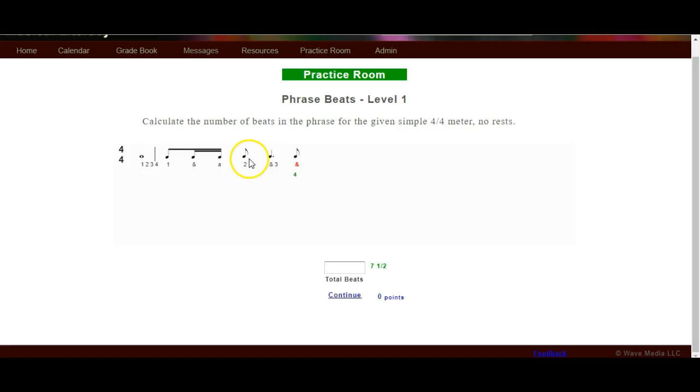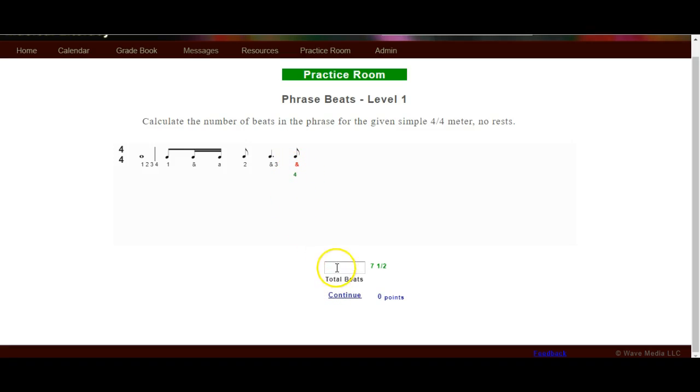2 and 3 and 4. Oh, so it's short. It's shy of the 4th beat.